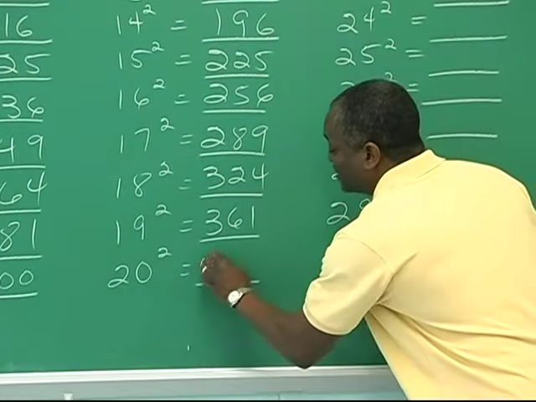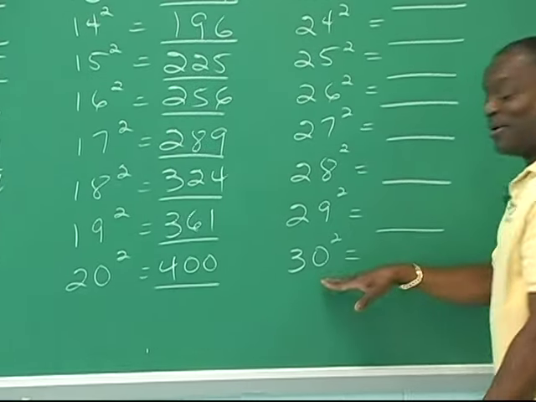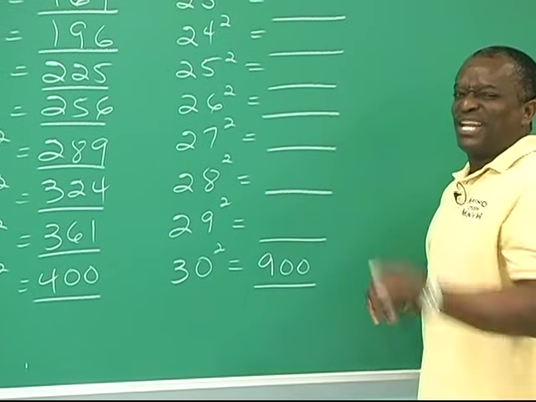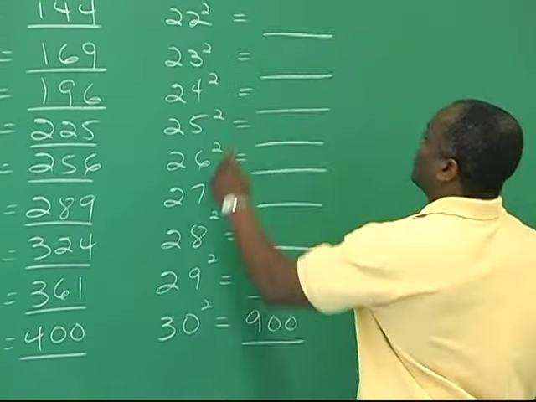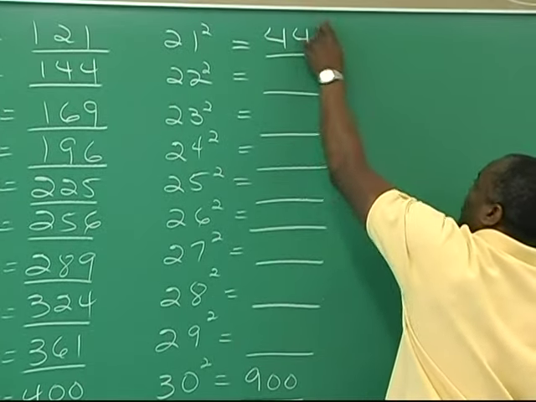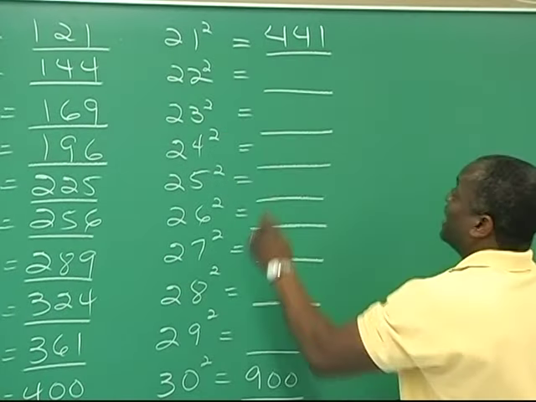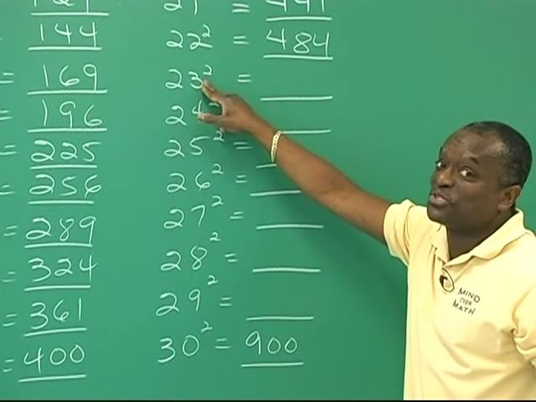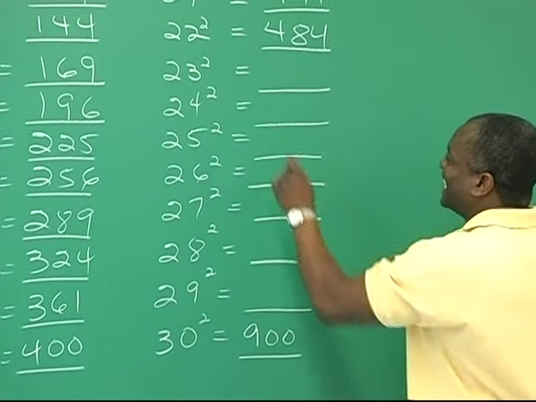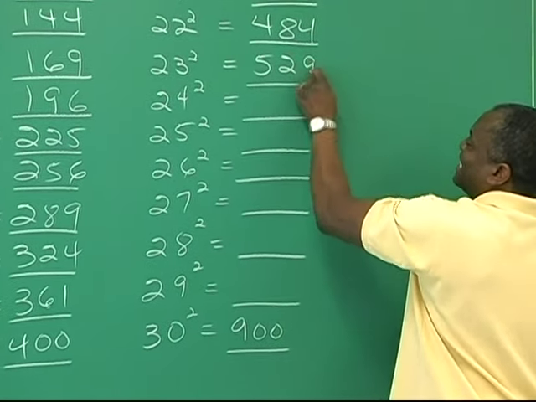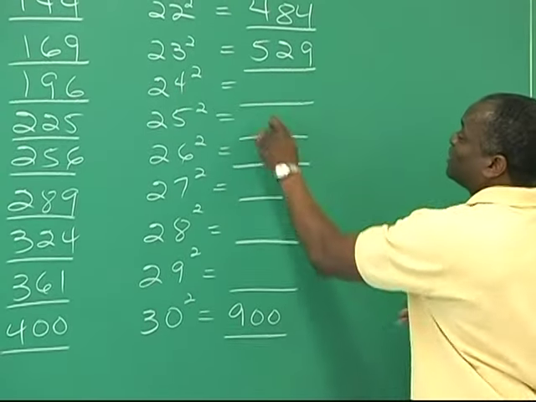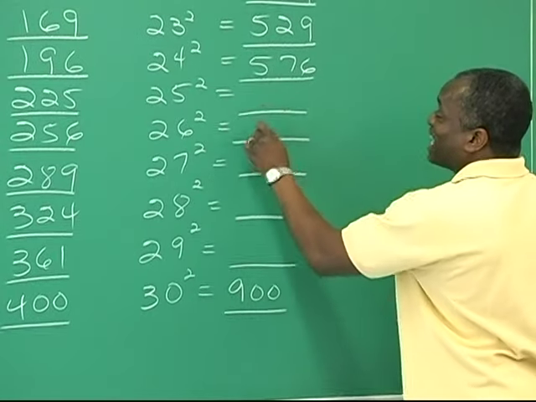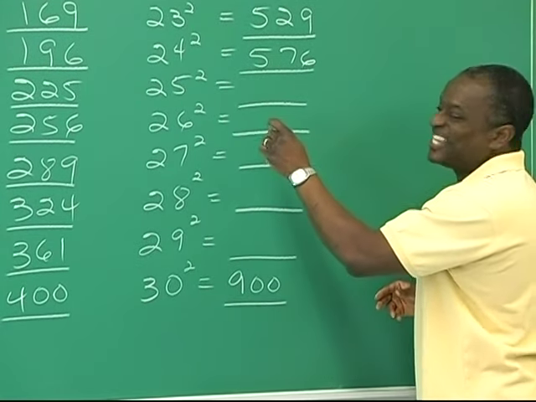Everyone knows 20 squared is 400. What about 30 squared? We know that's 900. But let's take it from the top. 21 squared is 441. 22 squared is 484. 23 times 23, right, it's 529. 24 squared, we know, is 576. 25 times 25 is what?